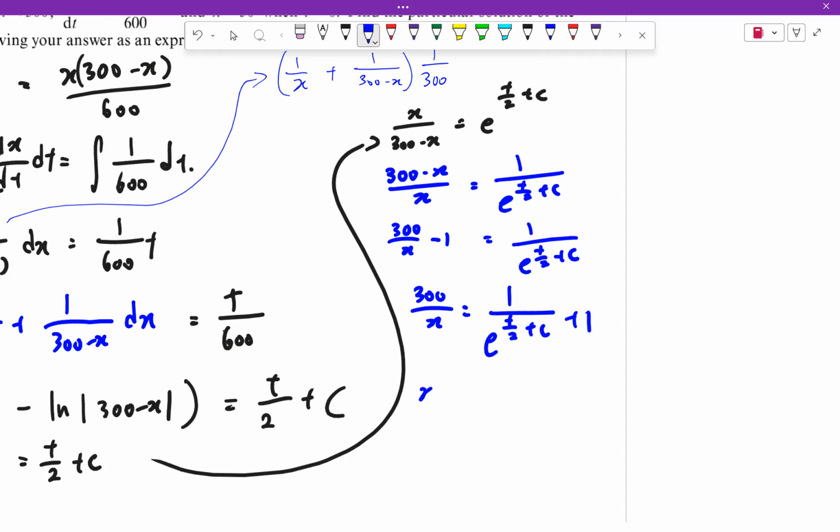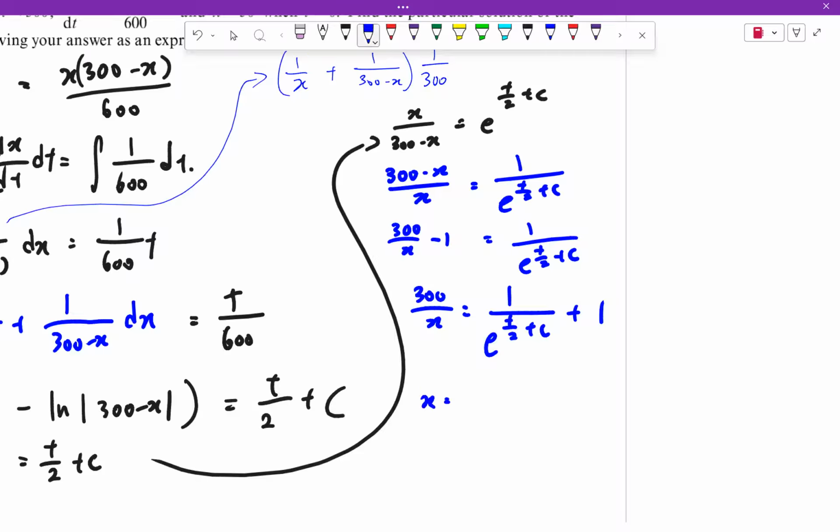Okay, so for the final part, our x would eventually become, it should be plus 1 here. So I multiply across, I multiply across.